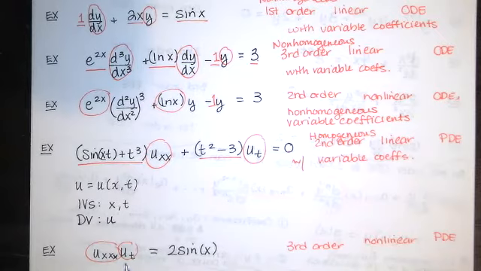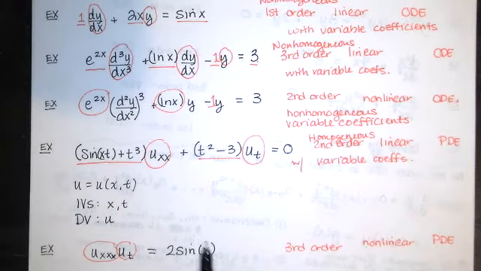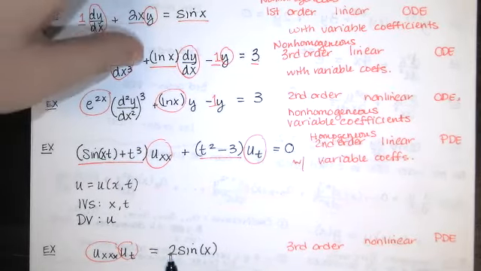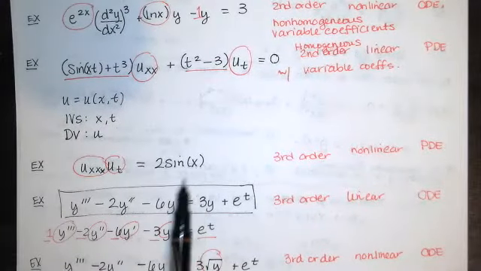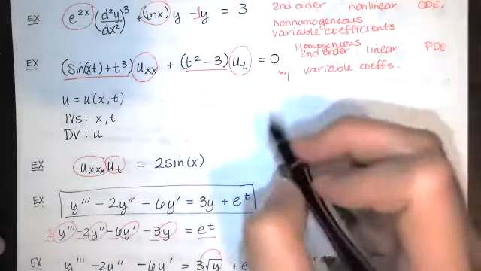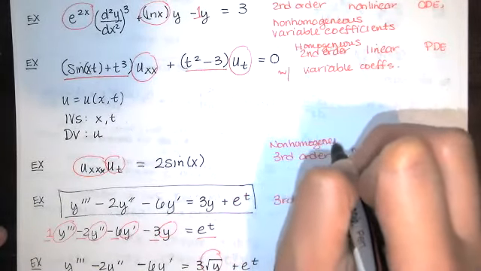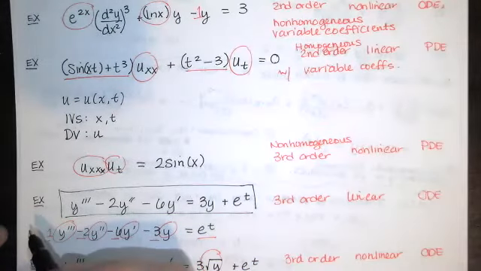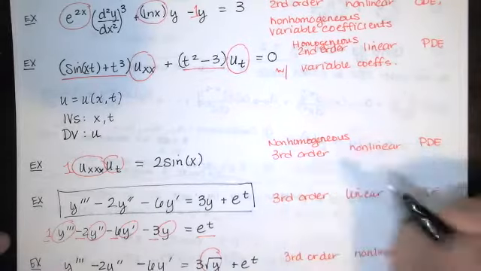Okay, so this is a third order nonlinear PDE. And this does not depend on u at all. So it's on this side by itself. So that is our g of x and t. So this is non-homogeneous. And there's only one coefficient, and that's a 1. So I would call this constant coefficient.